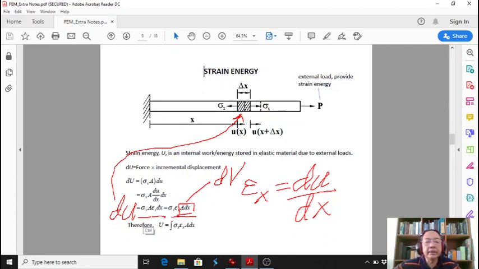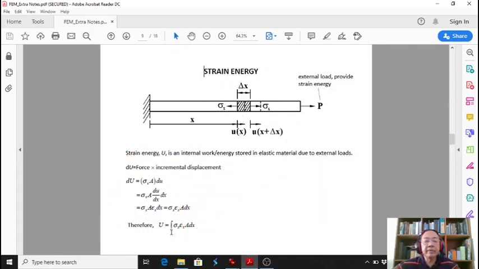So U is the integration of sigma x times strain times A dx. A dx is equal to dV. So basically this is the formula for strain energy for one bar.